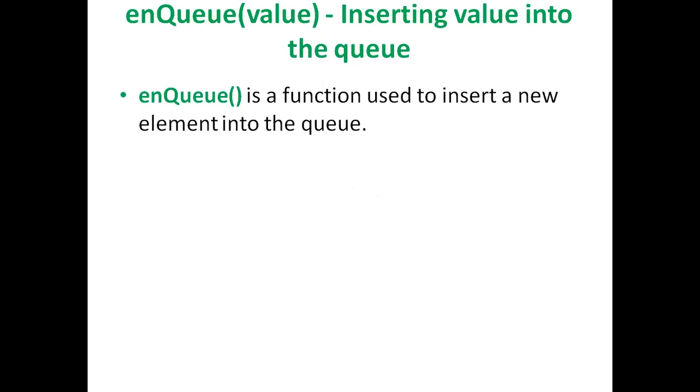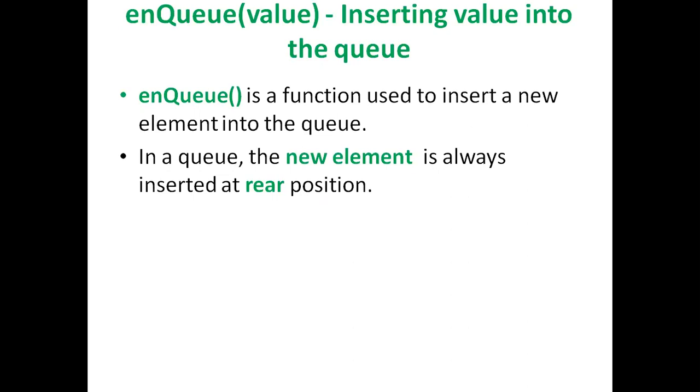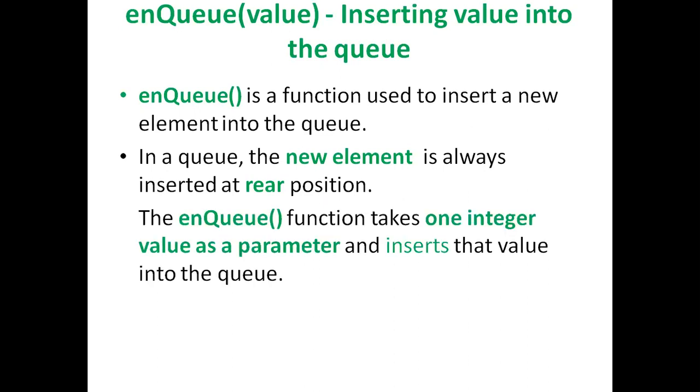So enqueue is a function. It is used to insert a new element into the queue. In a queue, a new element is always inserted at the rear position. So we are using one variable here called rear for inserting. Now the enqueue function takes one integer value as a parameter and inserts that value into the queue.